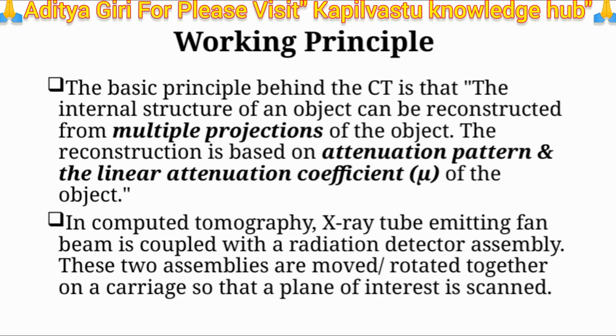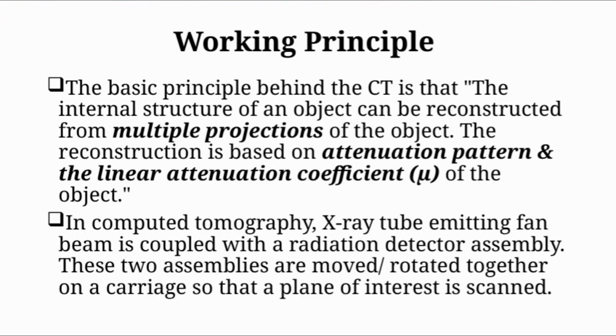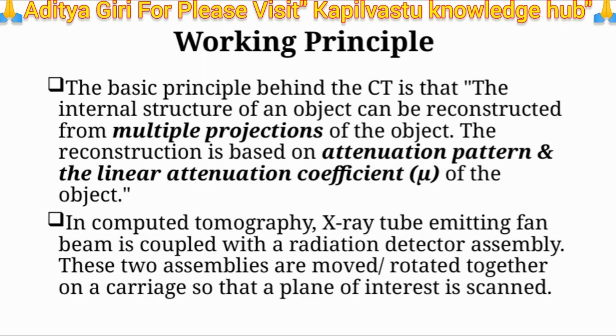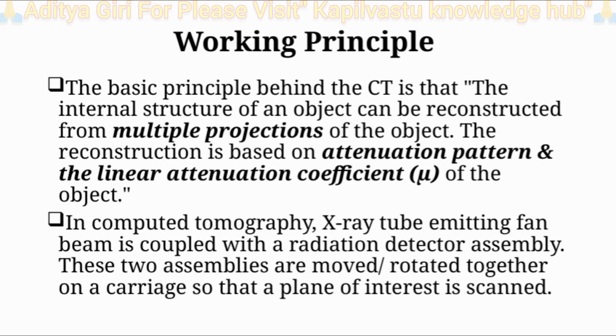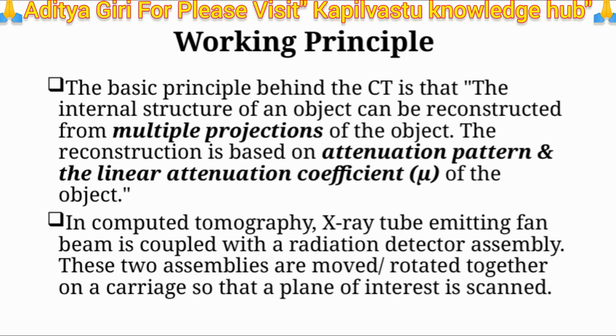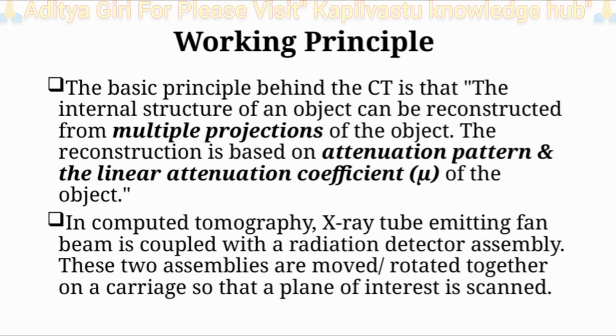This reconstruction relies heavily on the pattern of attenuation, which is how much the X-rays are weakened as they pass through the object. The key measurement here is the linear attenuation coefficient, often called mu, which quantifies how dense or how much material is present at each point within the object.